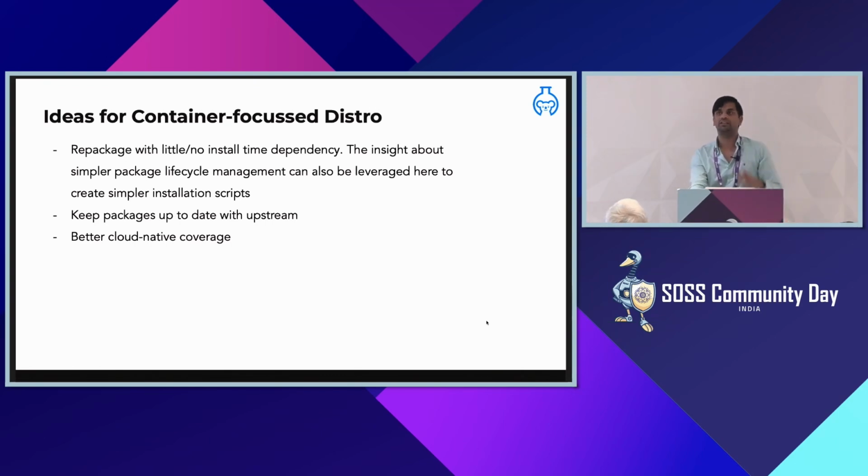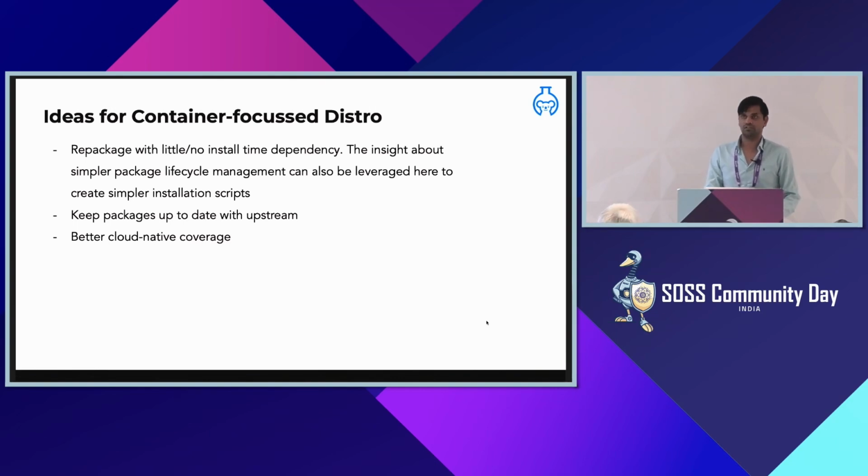What I mean by that is, let's say you have some library that is dynamically linked, and if you update that, you need to make sure all the packages that are part of the current release are up to date or compatible with that. But in containers, it's my choice. I will have very few select packages installed in that. So that goes away.